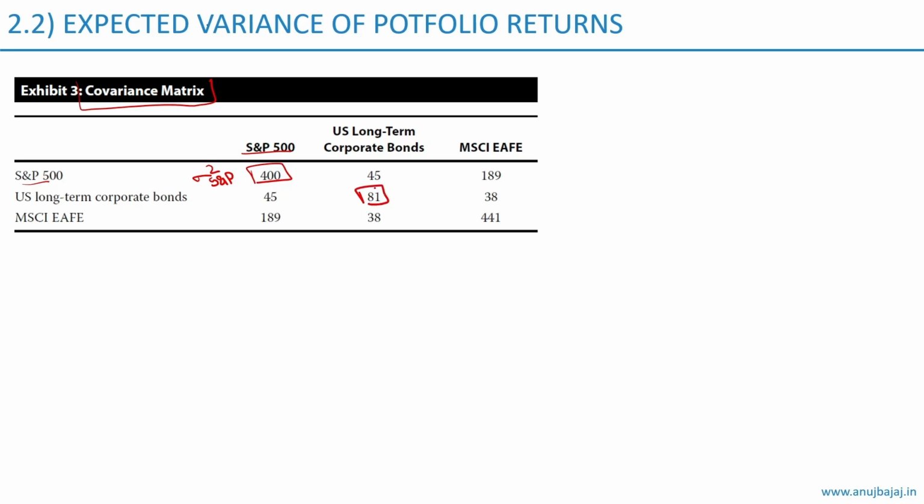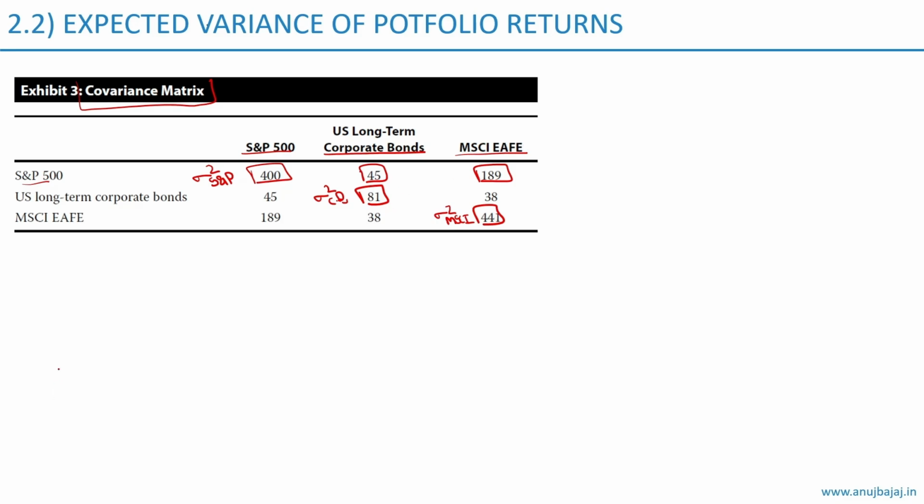This term over here is again the variance of the corporate bond, and this is the variance of MSCI EAFE. And this term is the covariance between S&P 500 and corporate bonds, and this is the covariance between S&P 500 and MSCI. So this is how the covariance matrix looks.